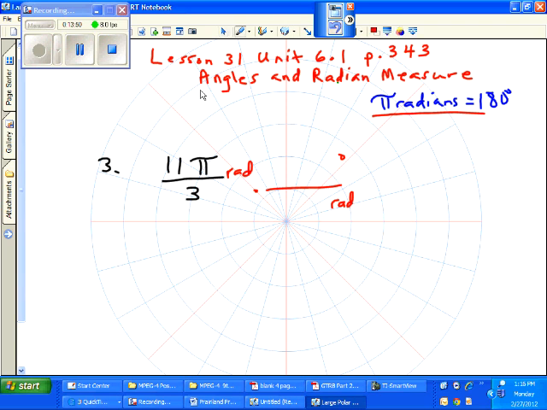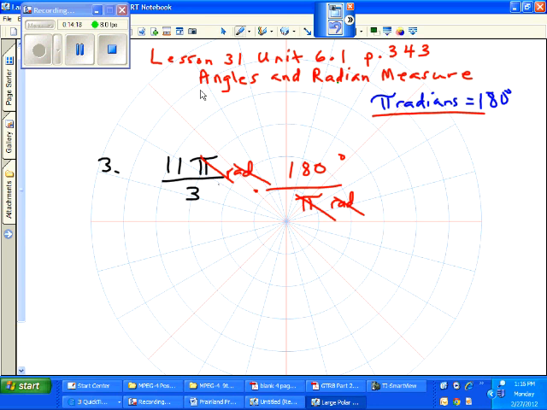And we know that 180 degrees is pi radians. Now, the understood radian name cancels the understood radian name, and the pi cancels the pi. So we're going to have 11 times 180 divided by 3.